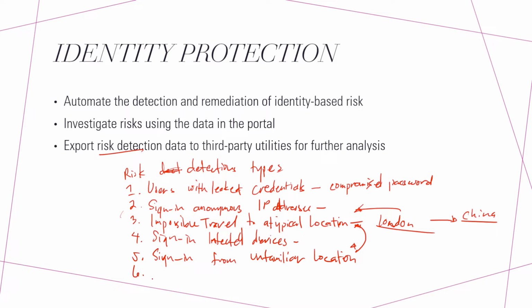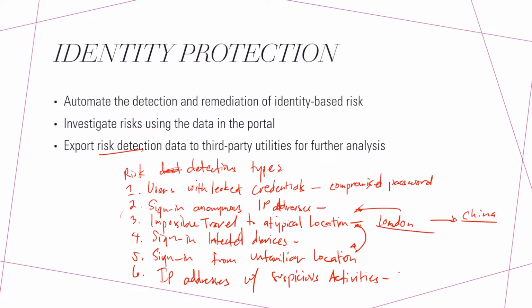And lastly, sixth is sign-ins from IP addresses with suspicious activities. These are detections which identify IP addresses with a high number of failed sign-in attempts across multiple user accounts over a short period of time.